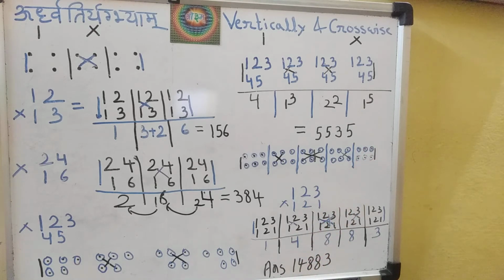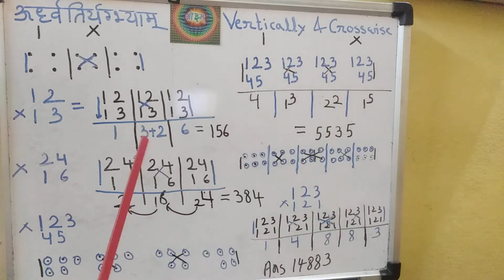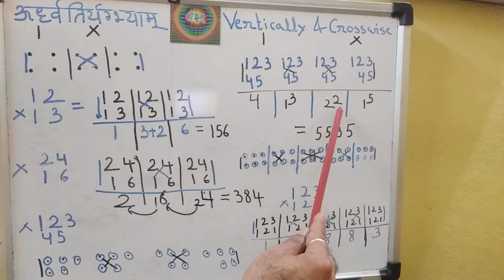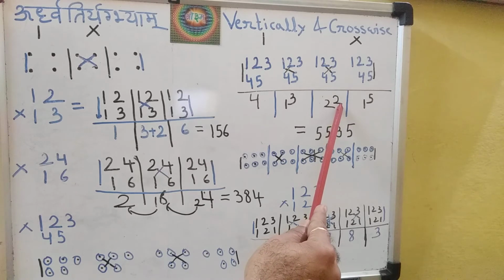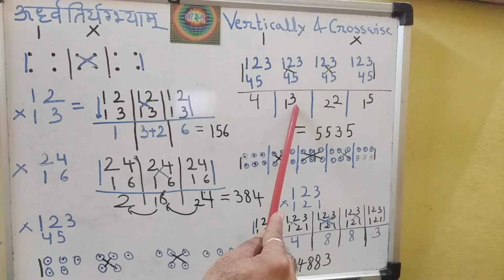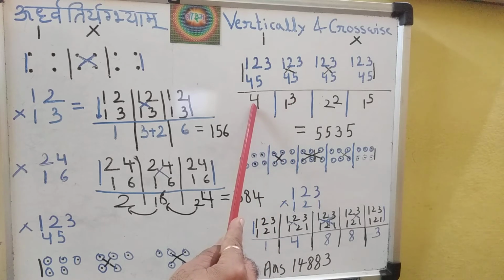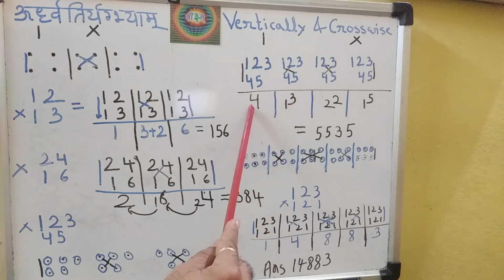If we proceed from right to left, we carry this 1 to the tens place digit to get 23 here, and this 2 is carried to the left neighbor. 2 plus 3 is 5 here and 1 is carried to the left neighbor, so 4 plus 1 is 5.